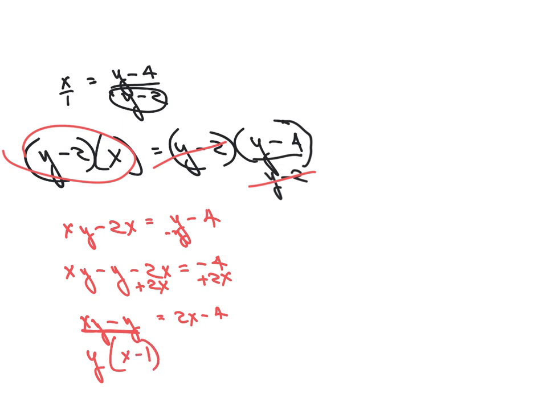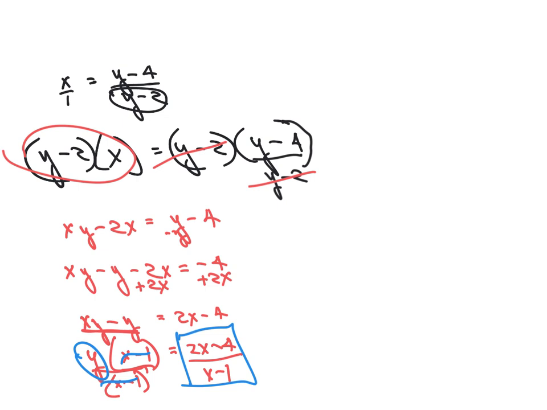And remember, when I bring this y out, I've always got a 1 there. Okay, now I can divide both sides by x minus 1. And that cancels this one and this one, and that leaves me with y equals 2x minus 4 over x minus 1. All right, let's keep cruising along here.